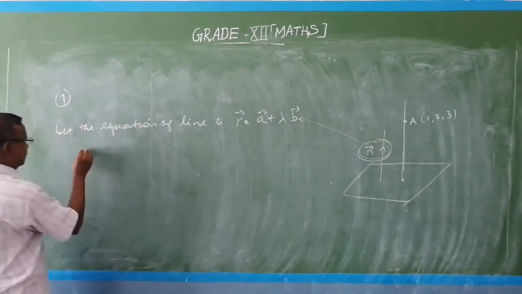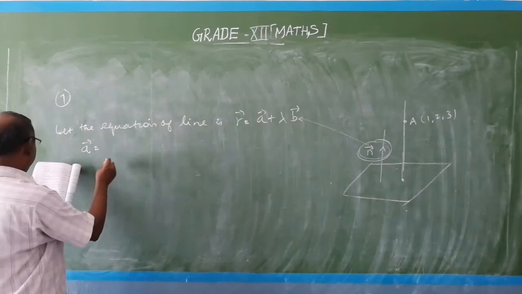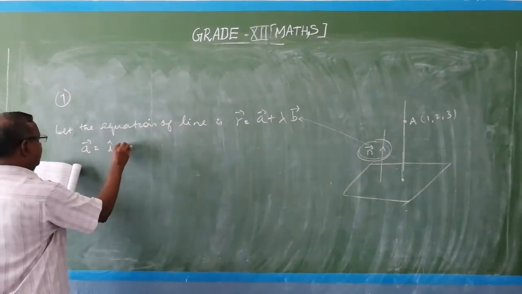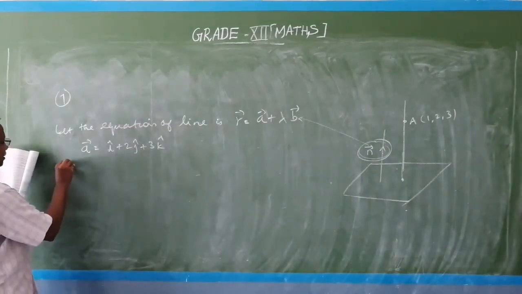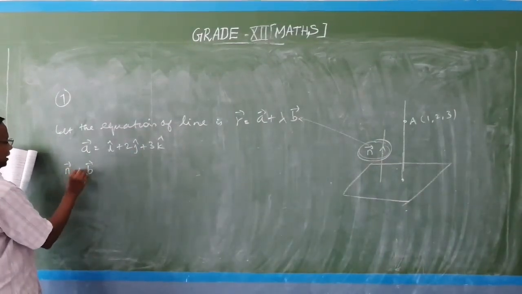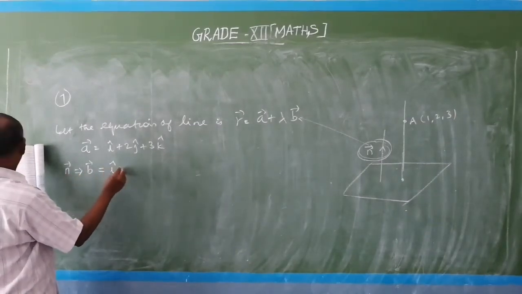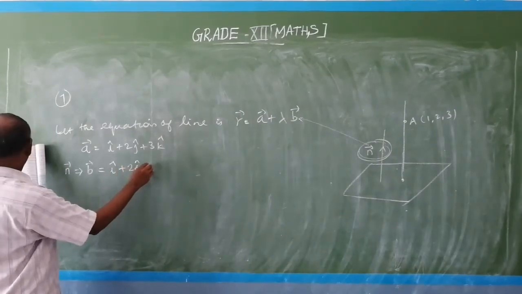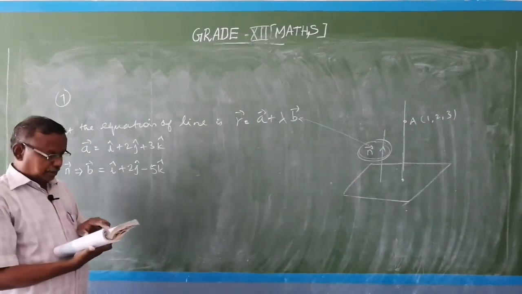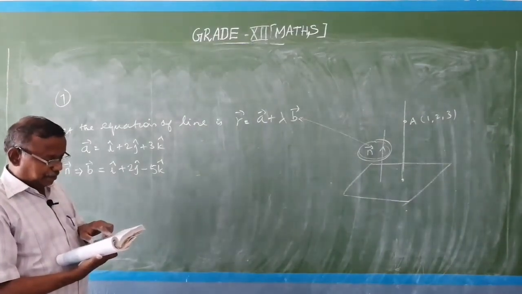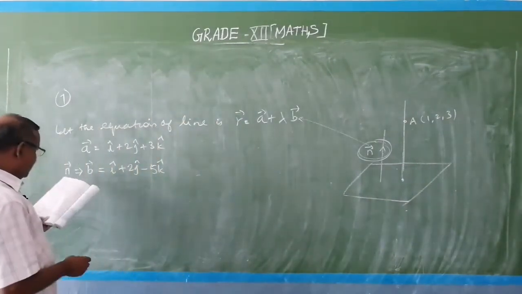Now A vector, from the information given, equals i cap plus 2j cap plus 3k cap, and n vector is nothing but the B vector, so the required B vector equals i cap plus 2j cap minus 5k cap, as it is given in the equation of the plane. The plane equation is r vector dot n cap plus d equal to 0, so we can take the B vector as this.